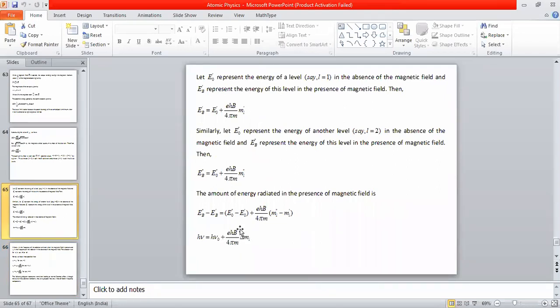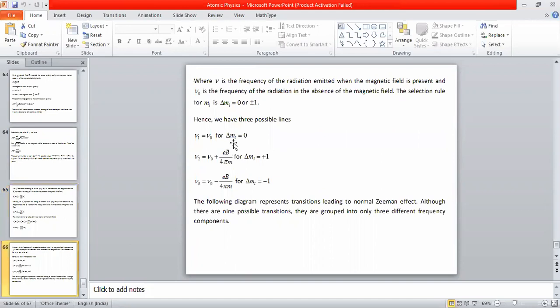The h can be taken common on the left and right sides and cancelled, so nu becomes equal to nu naught plus eB divided by 4 pi m. But instead of writing nu, I have written it as nu2. So nu2 is nu naught plus eB divided by 4 pi m for delta ML equal to +1.